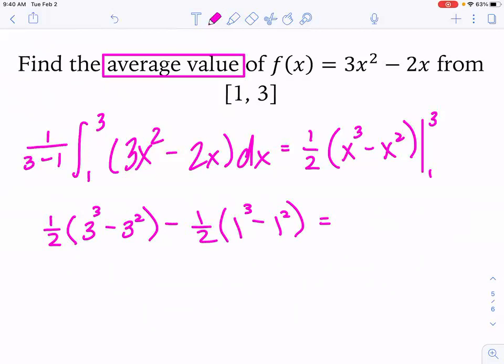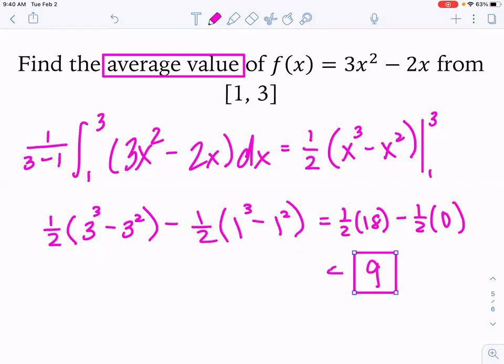Okay, let's talk about this. What is 3 cubed minus 3 squared? 18? Okay, so we have 1/2 times 18 minus 1/2 times 0. Don't need to write that down. So we have 9 for our average value.